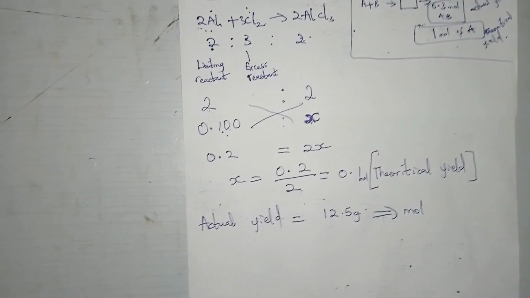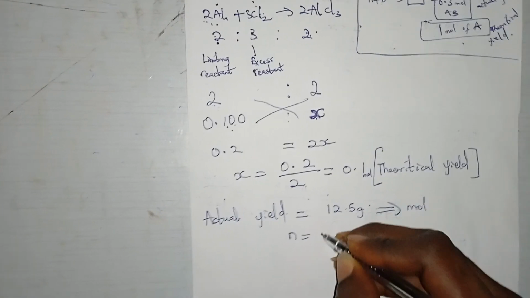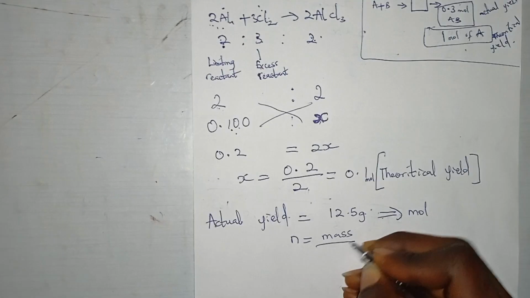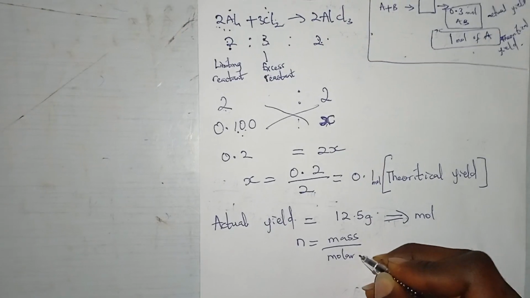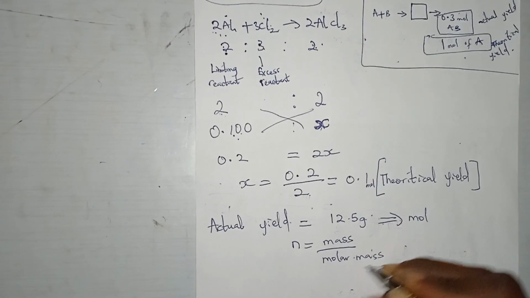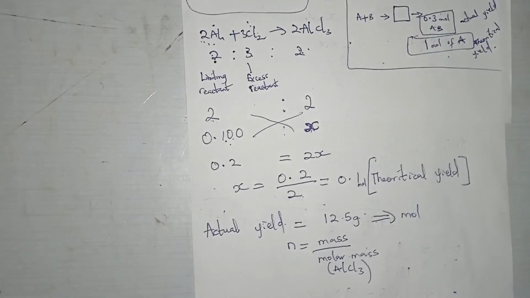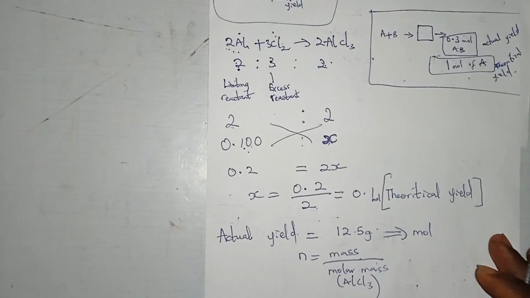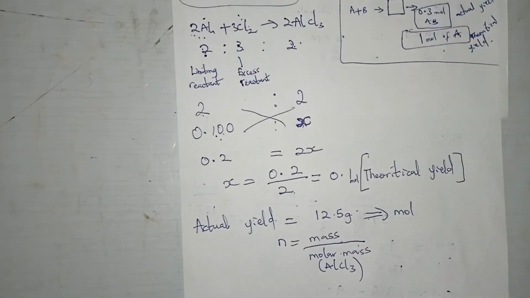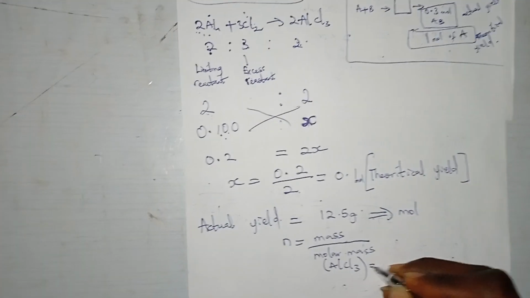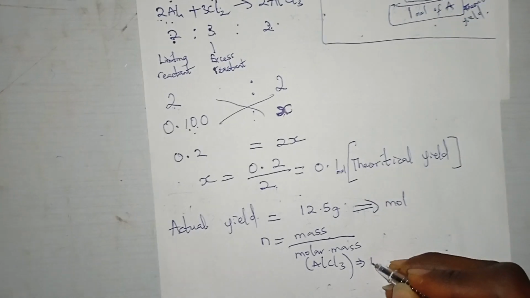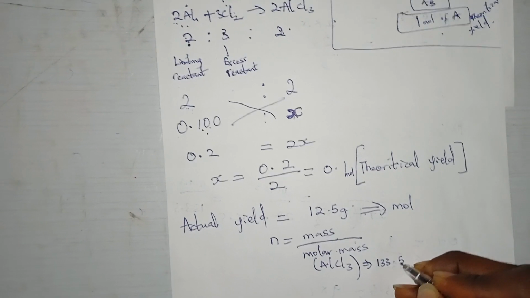To convert this to mole, we know that mole is equal to mass over molar mass. And the molar mass they are talking about here is that of AlCl3. We know that the molar mass of AlCl3 is equal to 133.5.